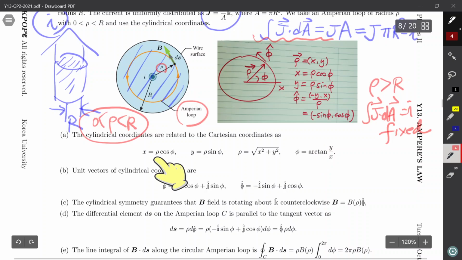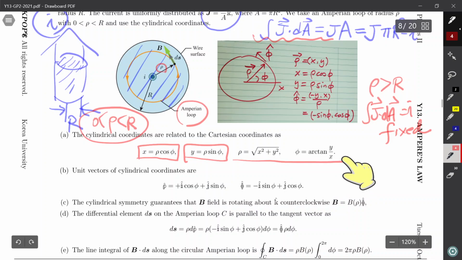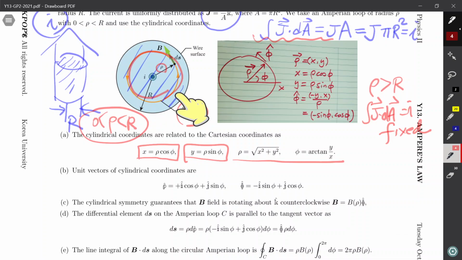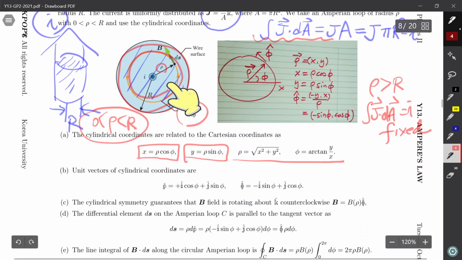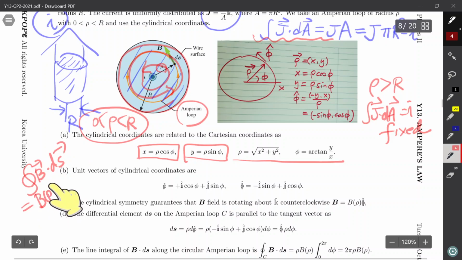We use these cylindrical coordinates, and use the Ampere loop and compute the magnetic field. Assume that the magnetic field is circular. Therefore, along the Ampere loop, B dot ds is just the magnitude depending on the radius rho multiplied by 2 pi rho, and is mu 0 times the current enclosed by the surface.